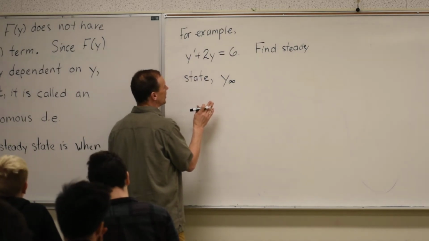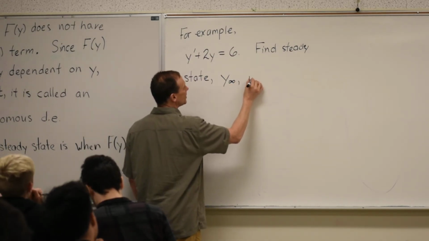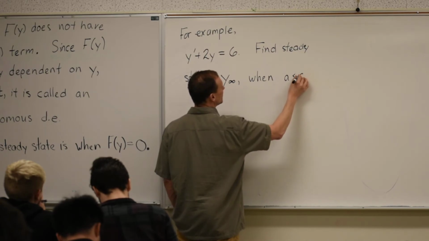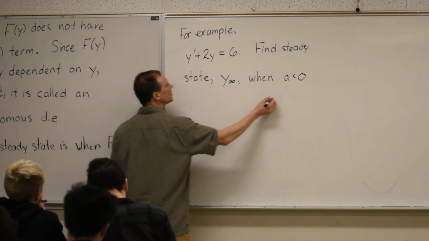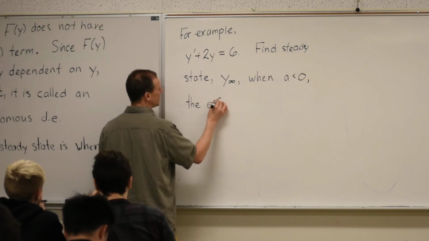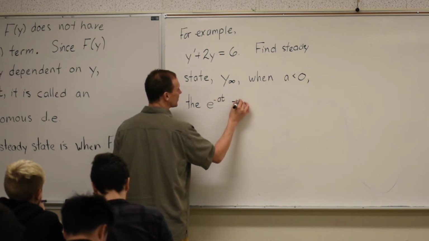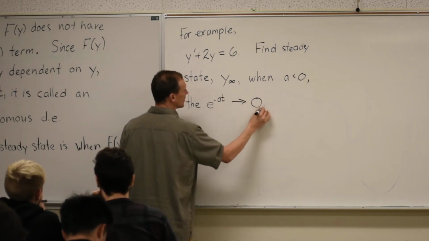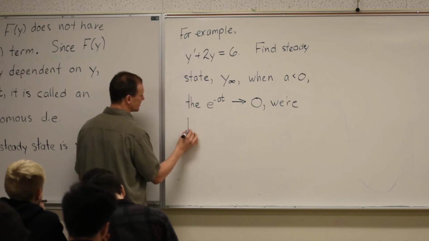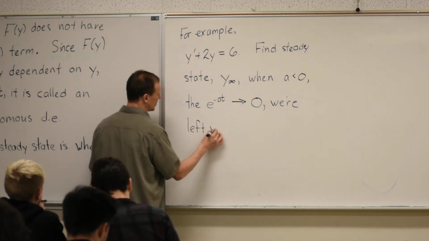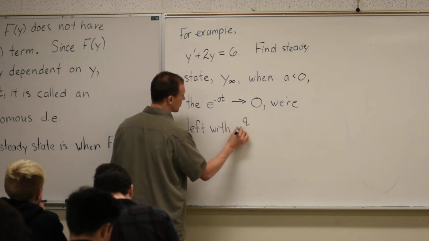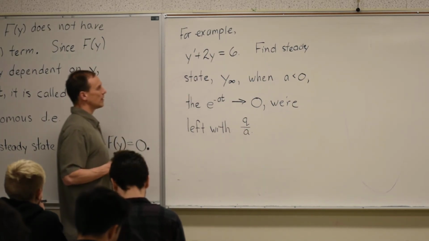What had always happened is when a was less than 0, the e to the minus at terms go to 0, and we're left with q over a.